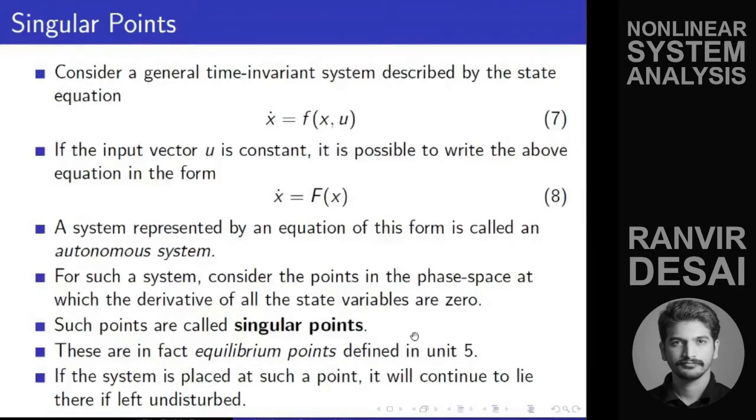This is also called a singularity. So if the system is placed at such a point, it will continue to lie there if left undisturbed. That's what we discussed: it will not move from that point.